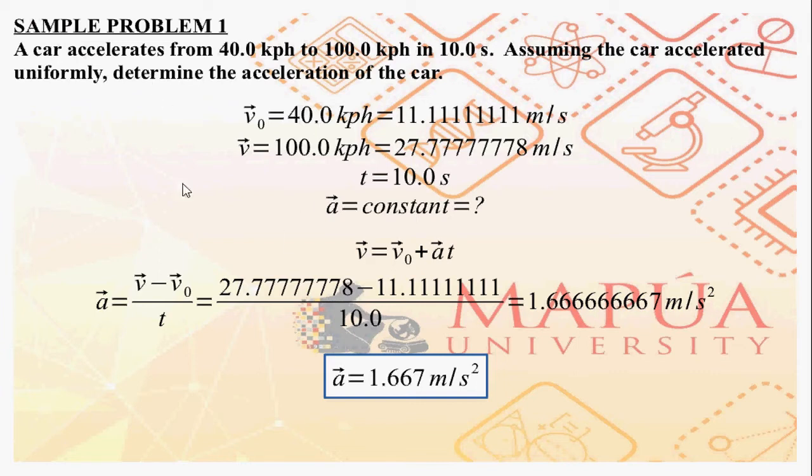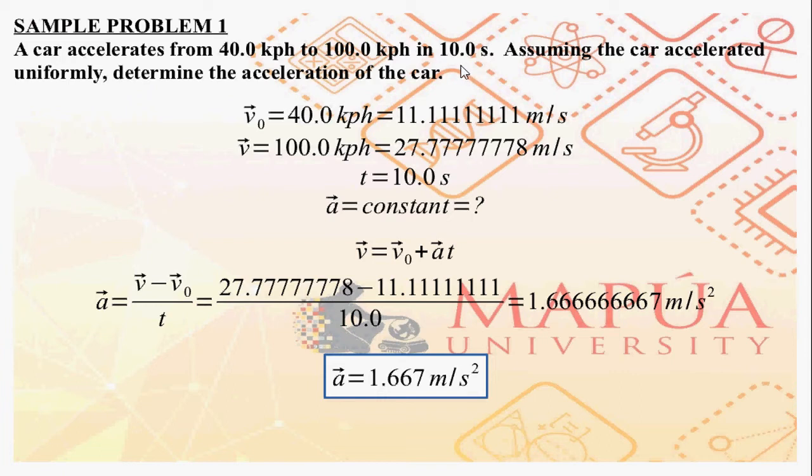Before we move on to the next sample problem, take note that here, we considered the initial velocity and final velocity to be positive. The problem does not mention any particular direction for the velocities, so we can assume the direction of the velocities.